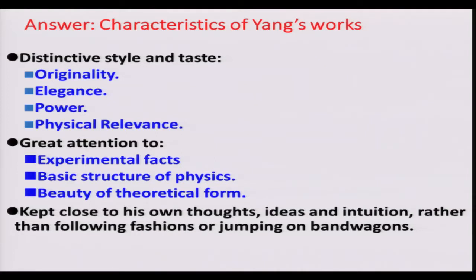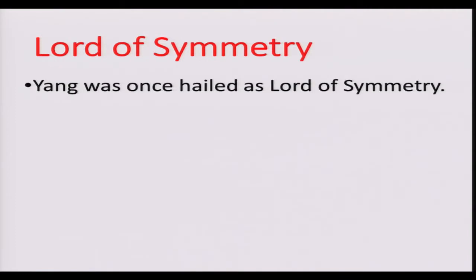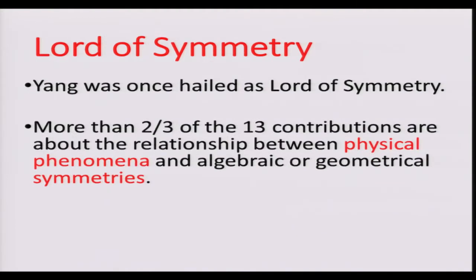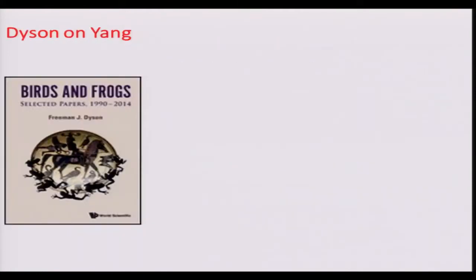He kept close to his own thoughts, ideas, and intuition, rather than follow fashions or bandwagons. Once at a conference, Professor Yang was hailed as a lord of symmetry. Indeed, more than two-thirds of the 13 contributions are about the relationship between physical phenomena and algebraic and geometrical symmetries. So symmetry is a dominant theme of all of Professor Yang's papers and lectures.